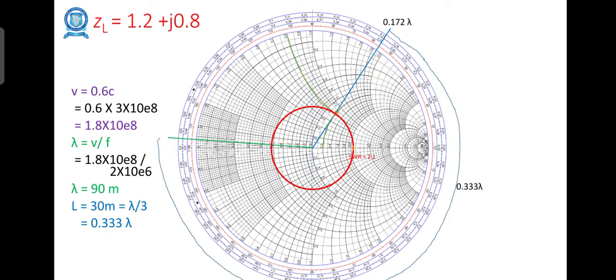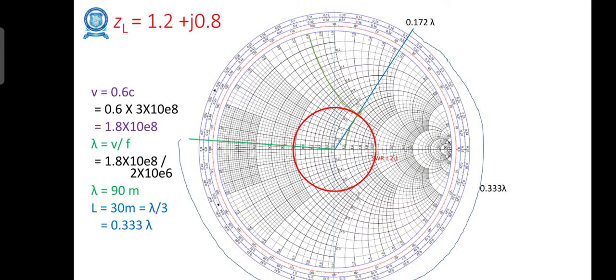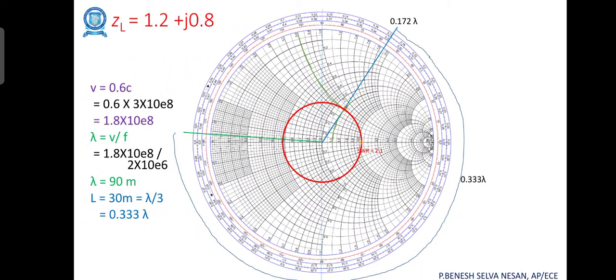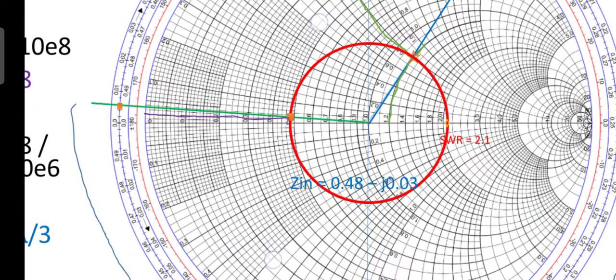Find the intersecting point from there. The R circle value is 0.48 and the X circle value is plus 0.03.